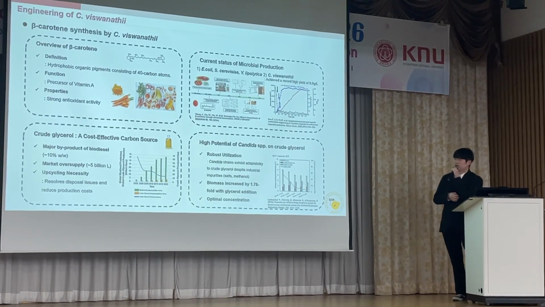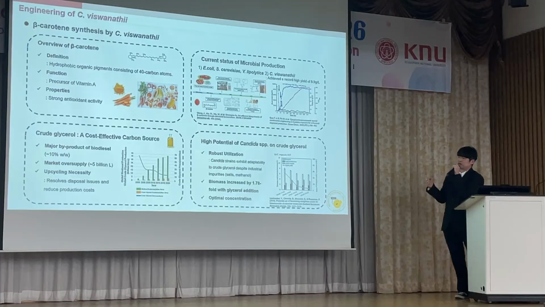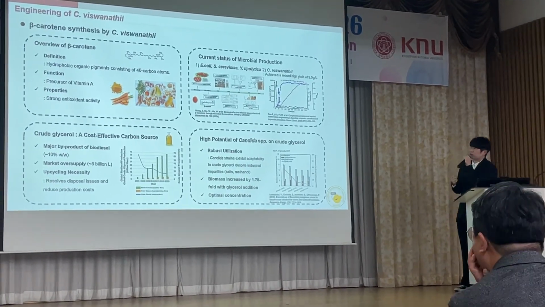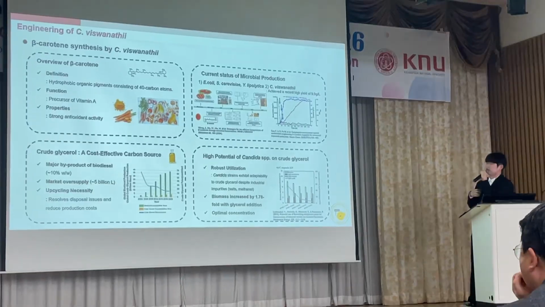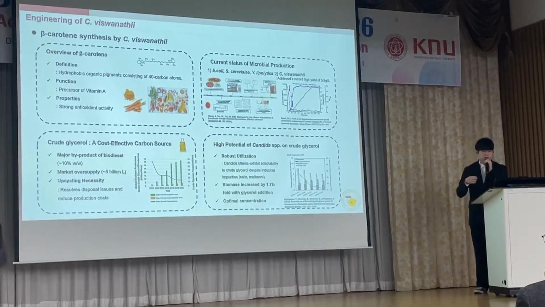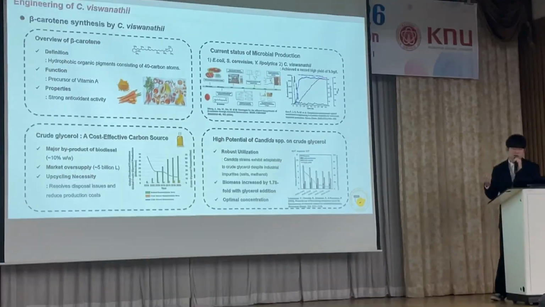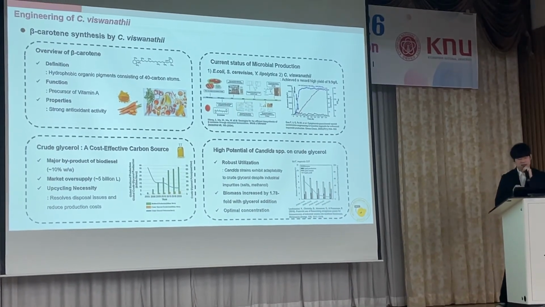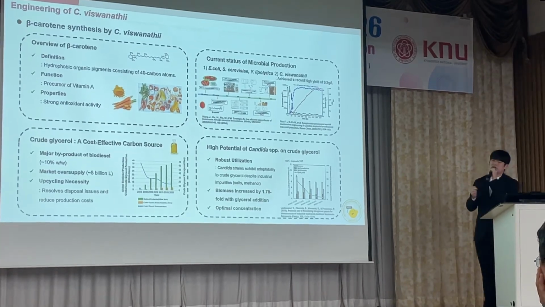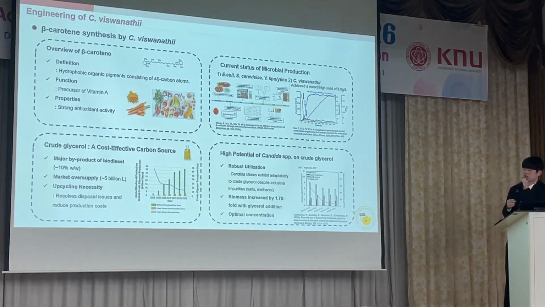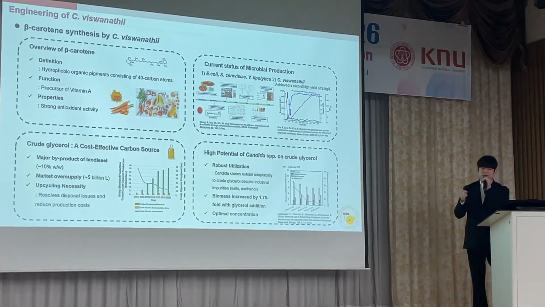We could also do another piece of work, and this is a little bit of an example. We could produce beta-carotene. Beta-carotene is a very famous product currently, and many microbes make beta-carotene, for example, E. coli, Saccharomyces cerevisiae, or things like that. In this case, your question might be, if Candida viswanathii is really hard to engineer, what is the advantage of using Candida viswanathii to produce beta-carotene?